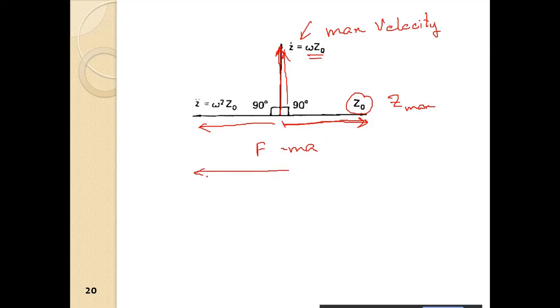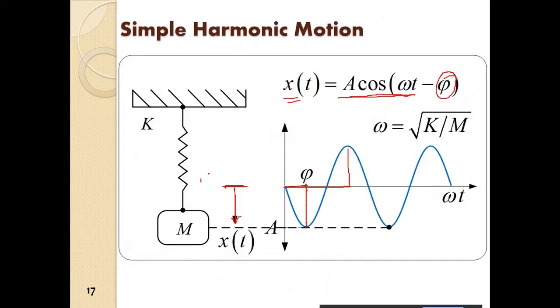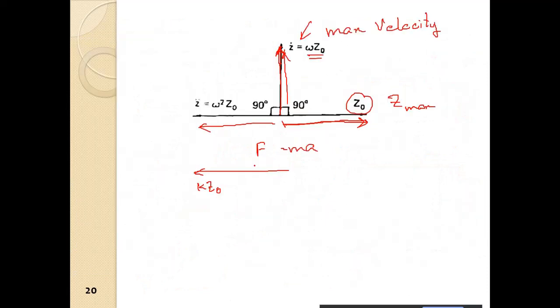This is the spring force, the force in the spring, k into z naught. Opposite to that, we have mass into acceleration. So this is the inertial force, mass into acceleration, omega square z naught.